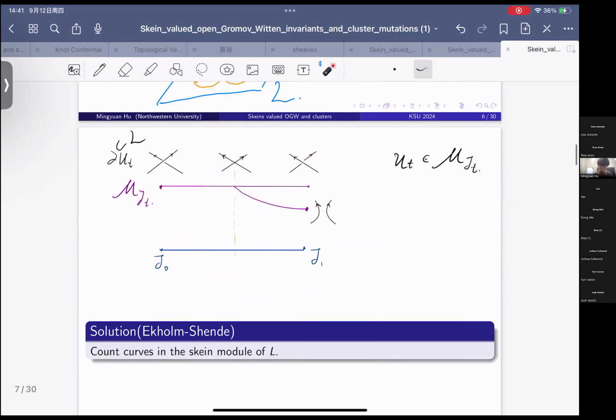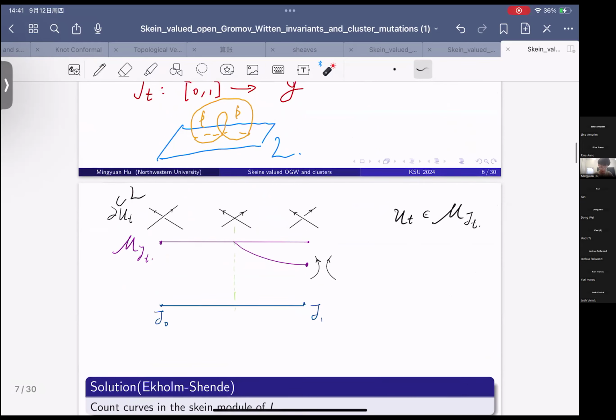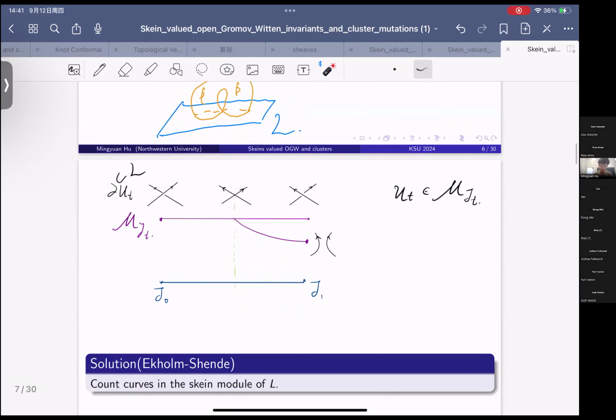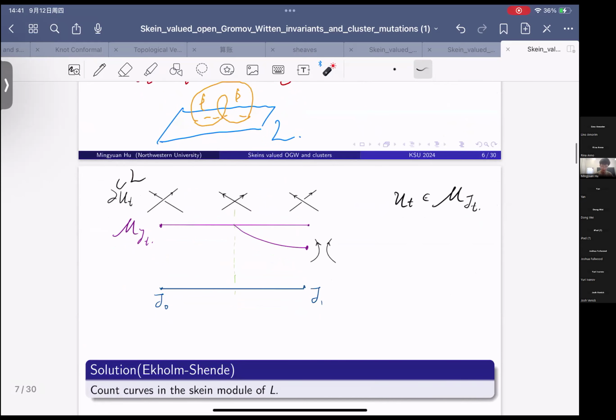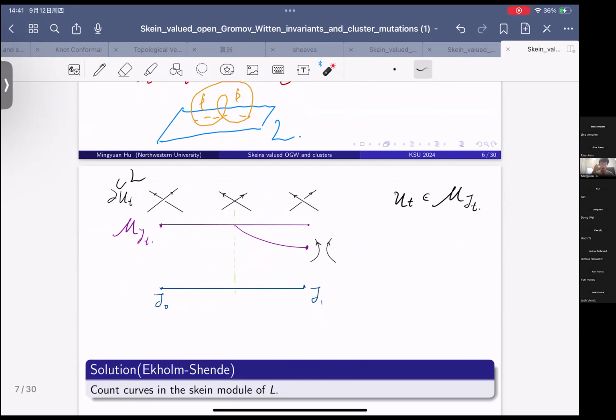So what Ekholm-Shende tells us is that, in the very beginning, we should not hope to count a number. Instead, we want to remember the information of the boundary of this J-holomorphic curve.